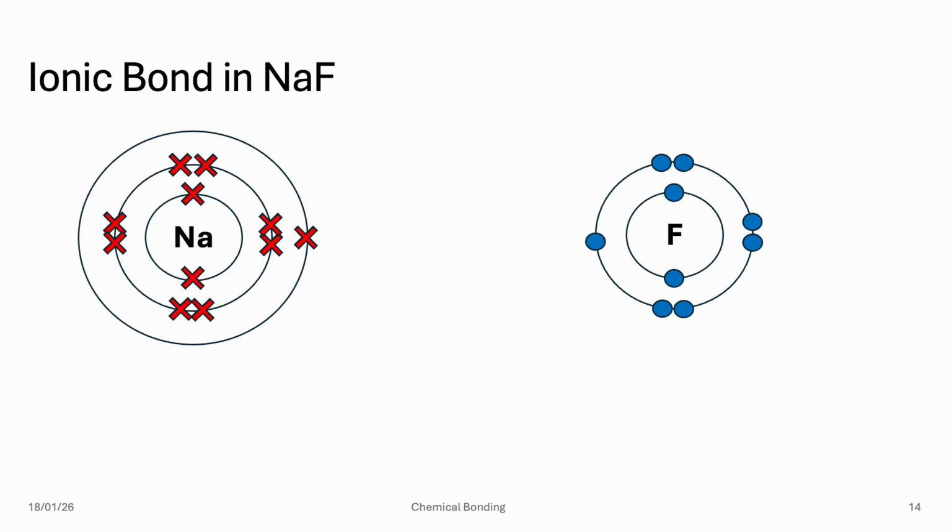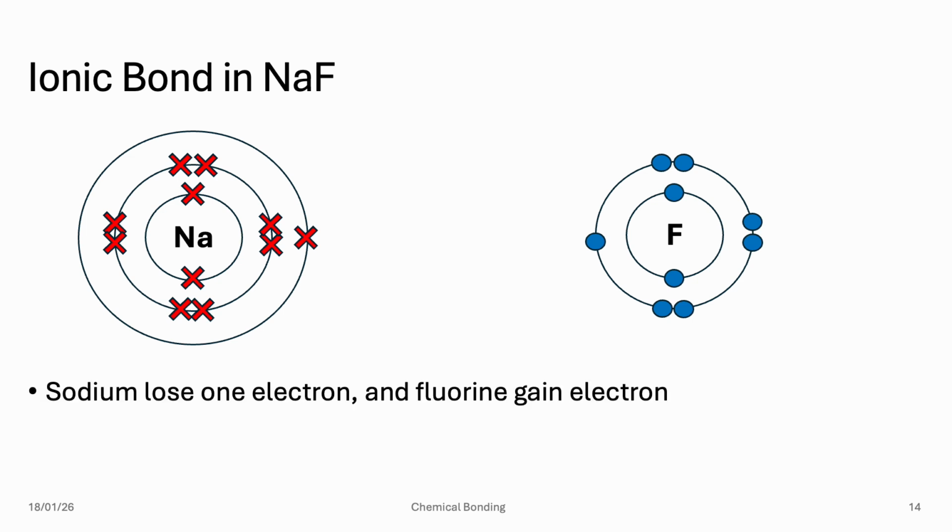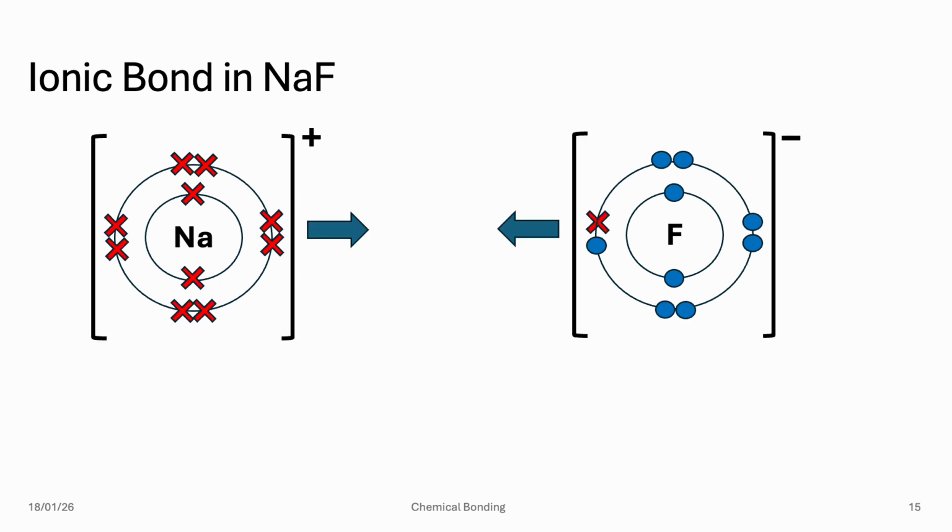Okay, this is an example of bonding formed in sodium fluoride. Basically, an electron from sodium is being transferred. Sodium will lose one electron and fluorine will gain one electron. So the electron is lost from sodium and then received by the fluorine atom. Now both of them have charge.